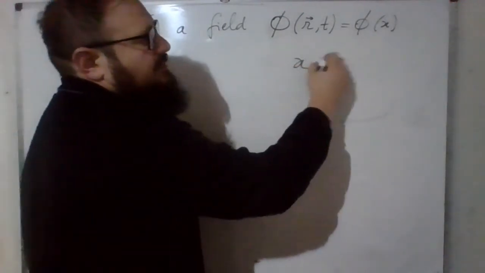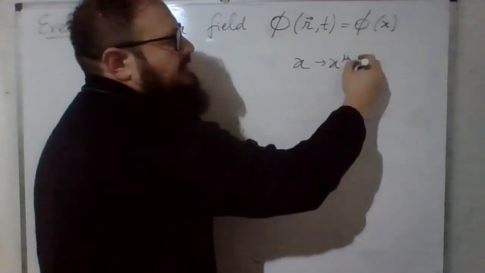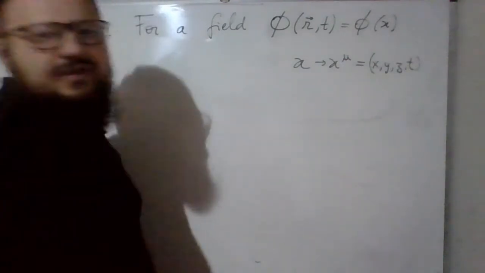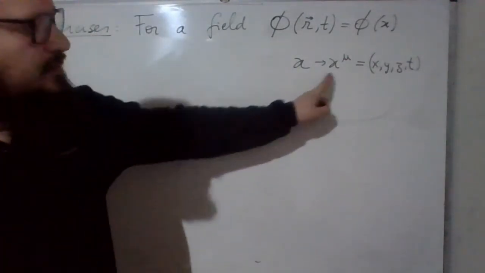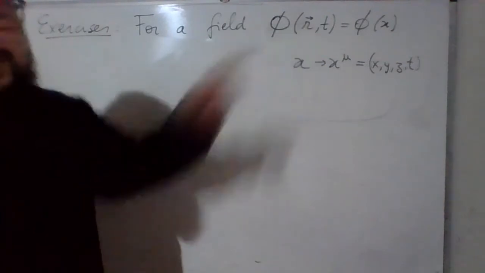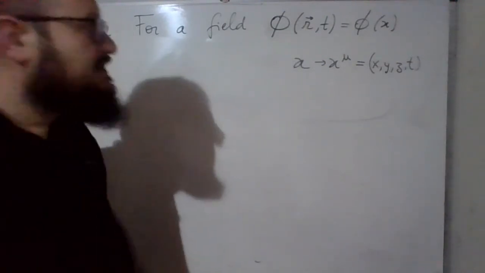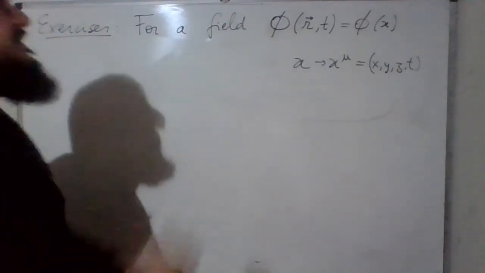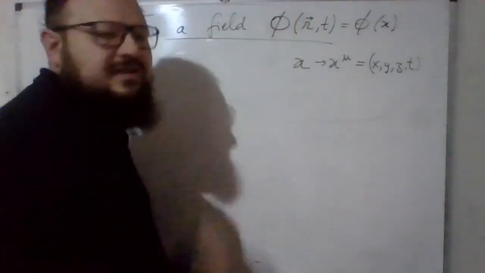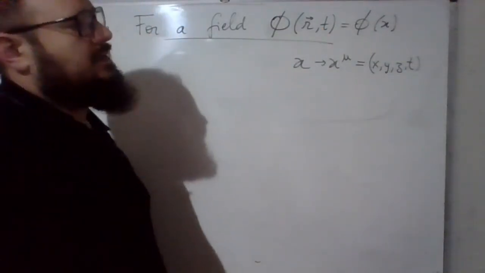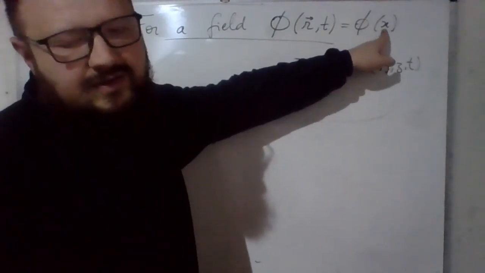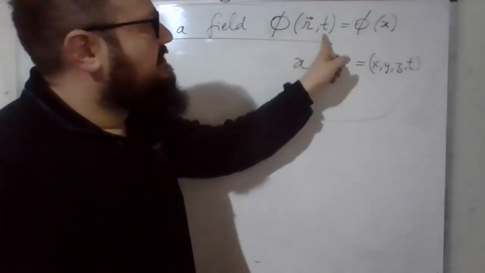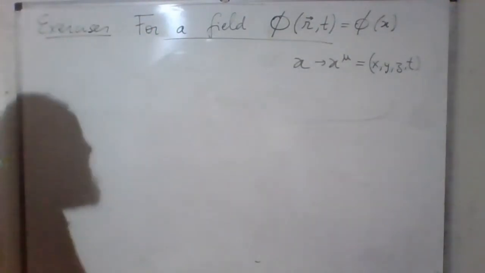X corresponds to x mu, which is equal to x, y, z, and t in Cartesian coordinates. So this corresponds to all the components, but in a very explicit notation, it depends on the position and time, or time and position. It is a field because it's parameterized by the position and time. In relativistic notation, we just write it as x, which contains time and space, or space-time, right?